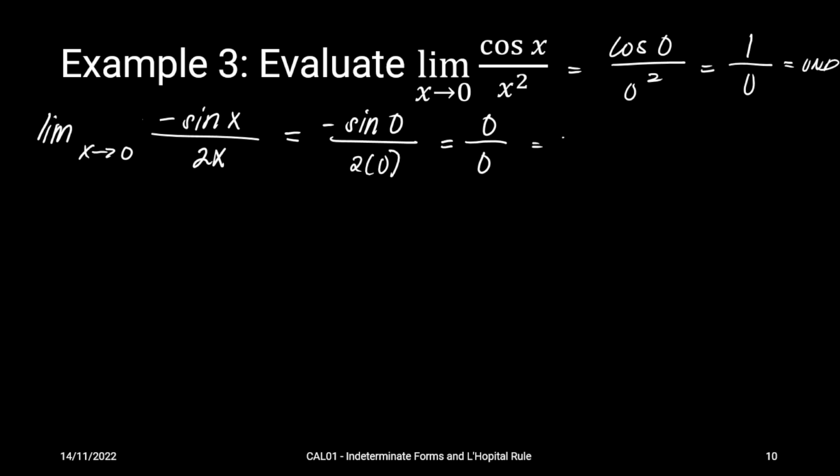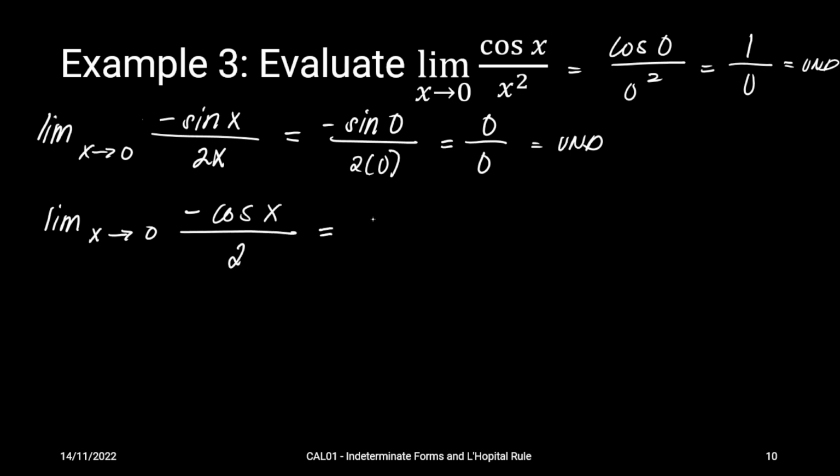Ito yung sinasabi natin kanina na we can apply multiple L'Hopital's rule, no? So, we have the limit as x approaches 0, no? So we have the derivative of negative sine x is negative cosine x. The derivative of 2x is 2.